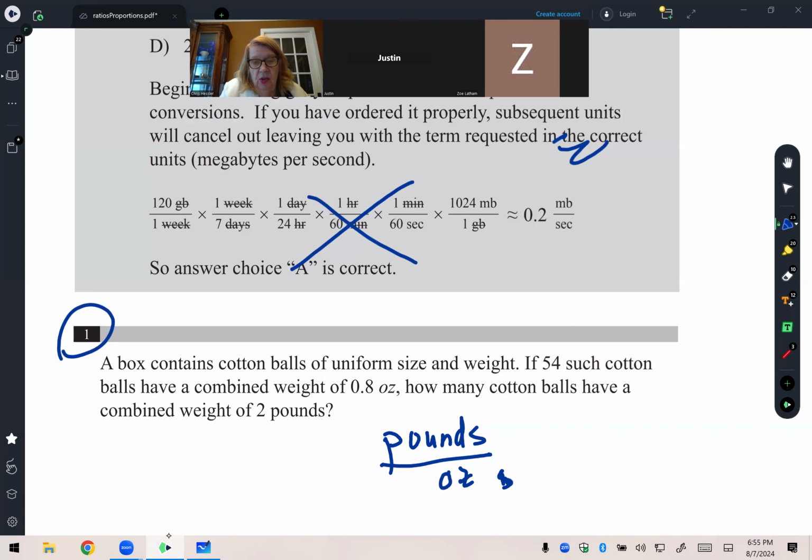That's the beauty of just putting the labels there. You need to put it in ounces, because they want 2 pounds, but you know, it's 16 ounces in a pound, so that'll be 32 ounces. Okay, so 54 will be over 0.8.